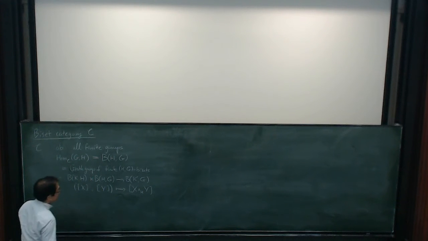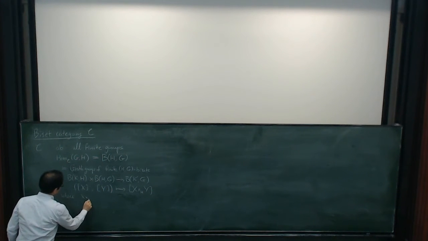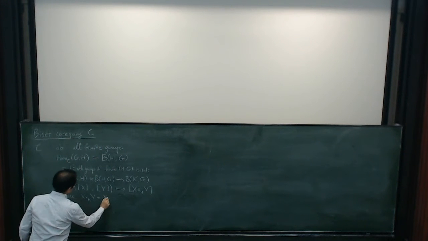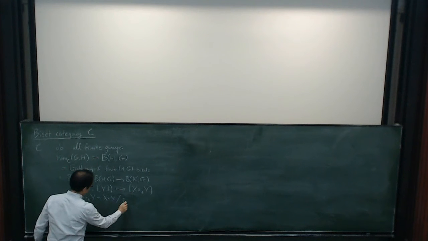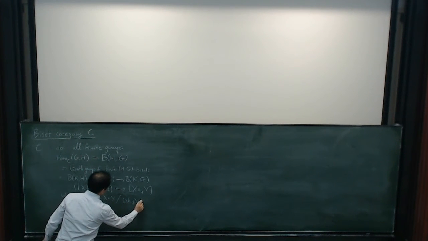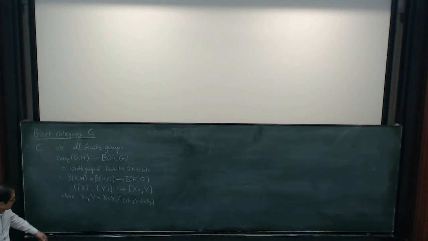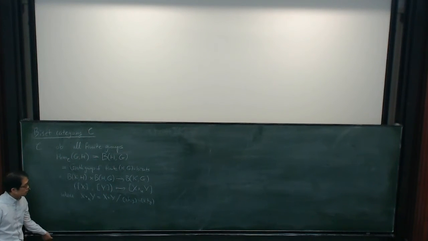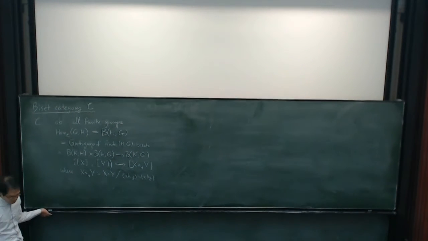Here this is X cross Y modulo the relation as you see in the tensor product of modules. And that has a natural KG biset structure.